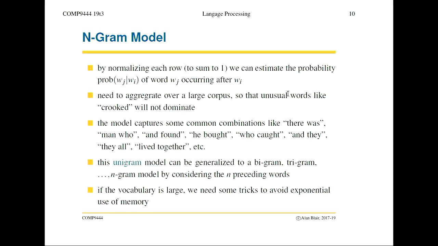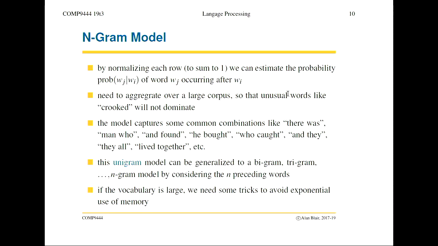That gives us the probability of Wj, the conditional probability of Wj based on Wi. So what this probability says is, we've numbered all the words in the dictionary.